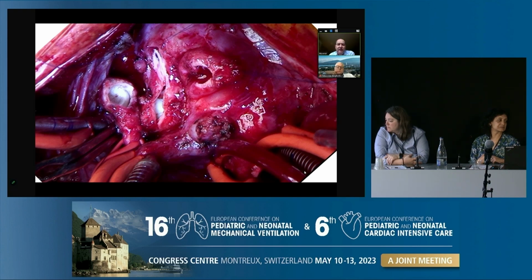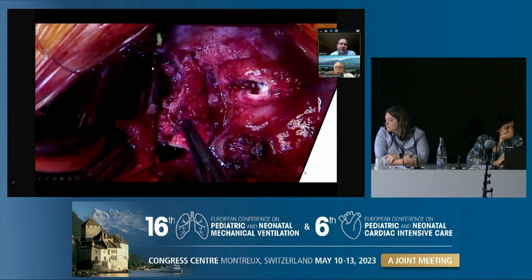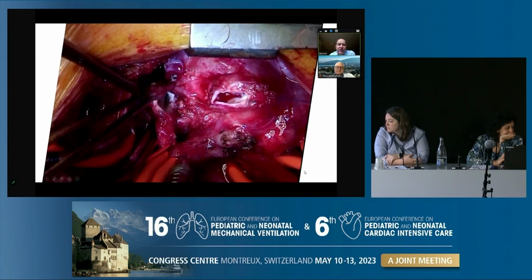Now, this tissue is very fragile, and we thought that taking an autologous patch from the LPA would be best to patch that. The picture is a little bit dark, but you see here the pulmonary bifurcation, and this is the left pulmonary artery where we harvested this patch and put it on that LAD from distal to the ascending aorta.